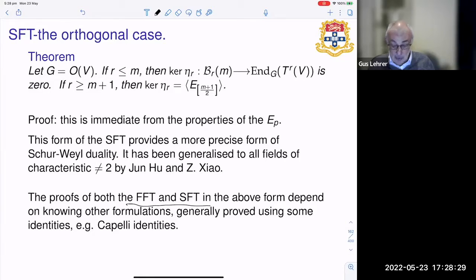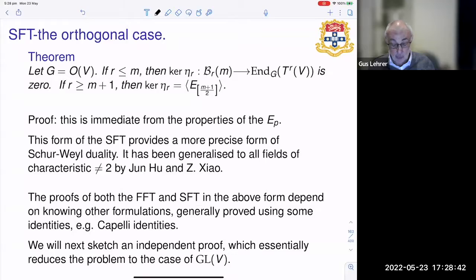And so what I'd like to do next is explain how there are some algebraic geometric arguments which can be brought to bear on this situation and actually yield both the first fundamental theorem and the second fundamental theorem.